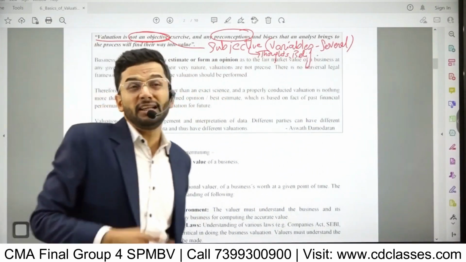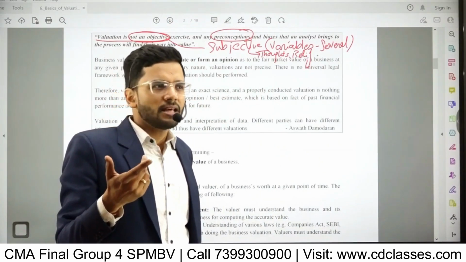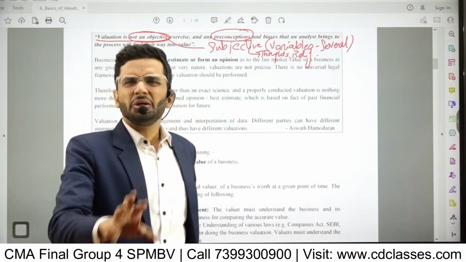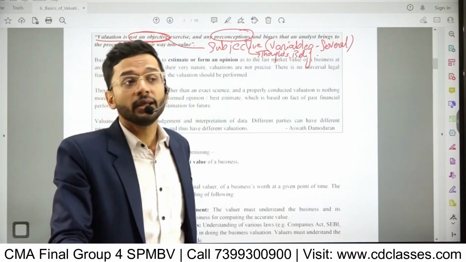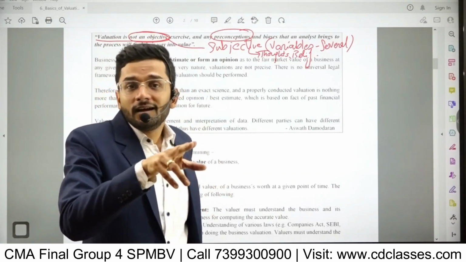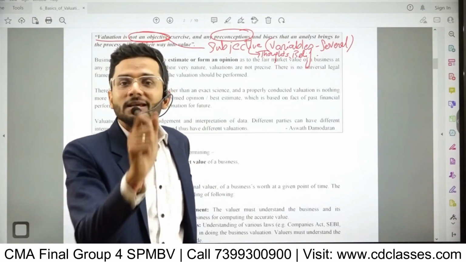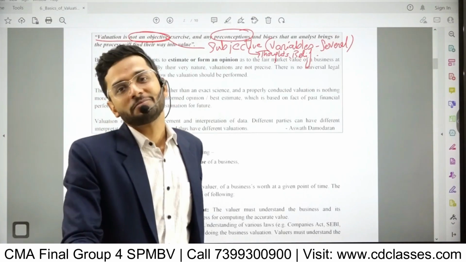So, for example, if I believe that some area in Delhi, say Jangpura, there's an area called Jangpura in Delhi, it's not a very good area. I have this preconception in my mind. I have this thought and belief in my mind. Okay, my valuation will differ because of this preconception. My valuation will vary because of this preconception.